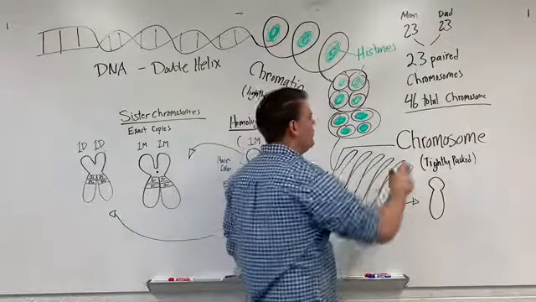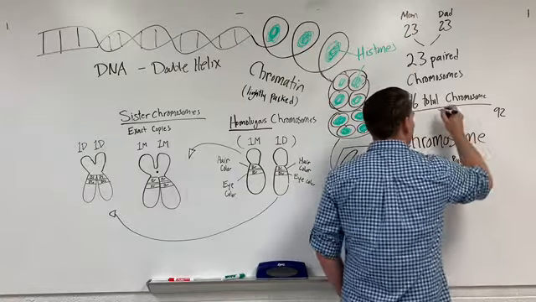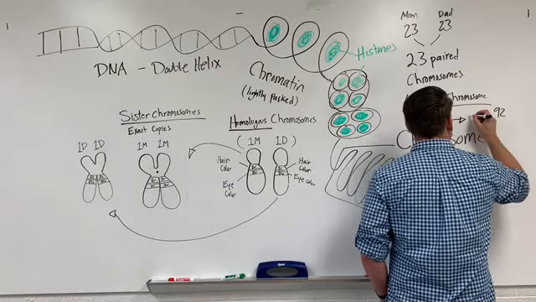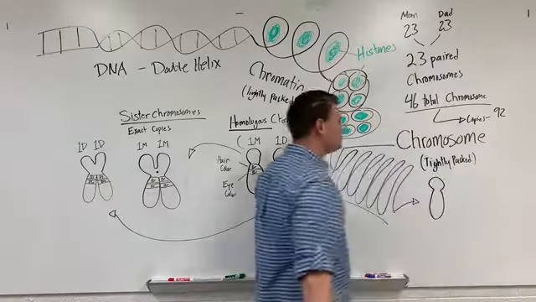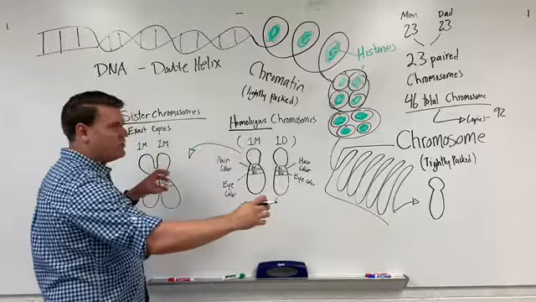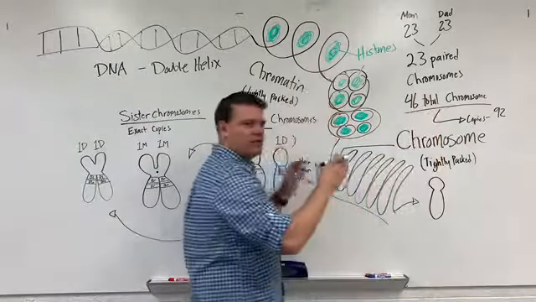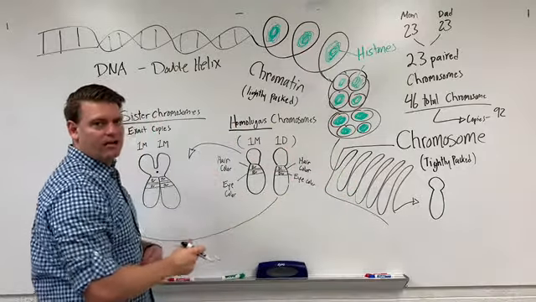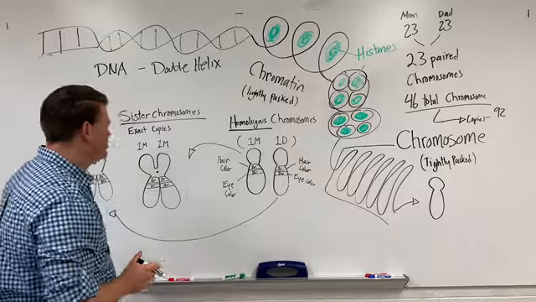So you're going to go from 46 to 92 once you make the copies. And then you'll split those 92 into the two different cells. So at the very end, you end up with 46 again. So each new cell has 23 paired chromosomes. So you make an exact copy of that when you do your cell division.